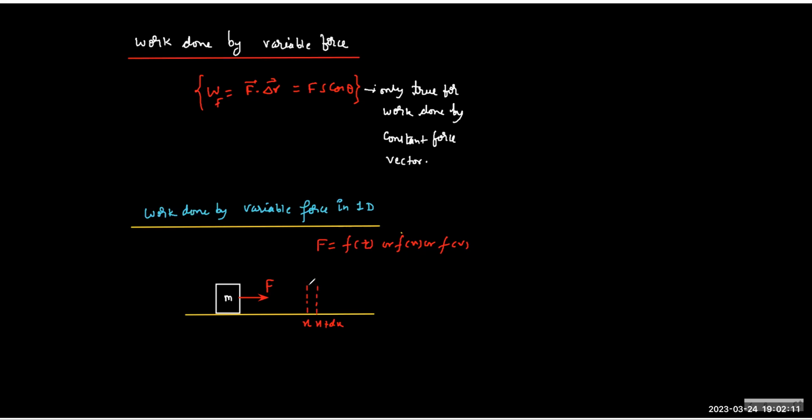If you do so, in that small displacement, can we treat the force value as almost the same? Yes, sir. So this is called elementary work, a work for very small displacement.